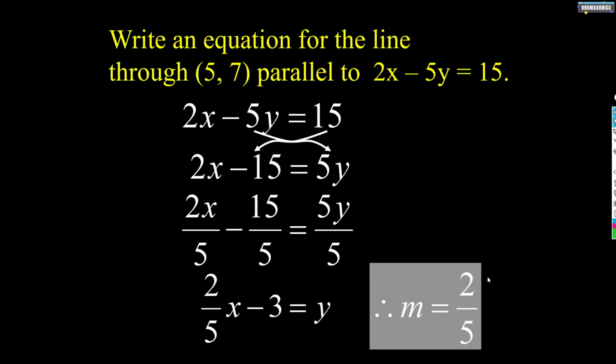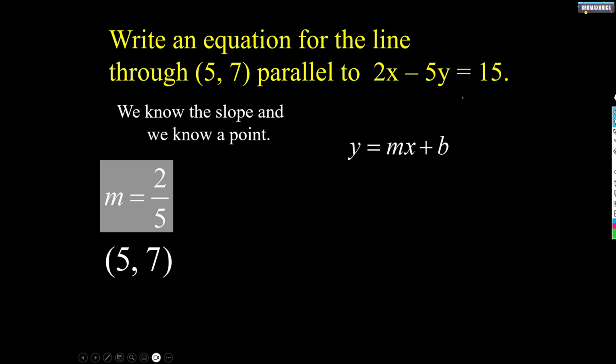And the slope here will be 2 over 5, meaning that since we have the parallel lines, the equation that we are talking about here will definitely take the same gradient, right?